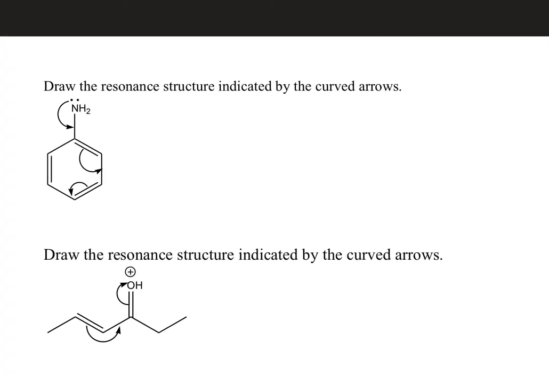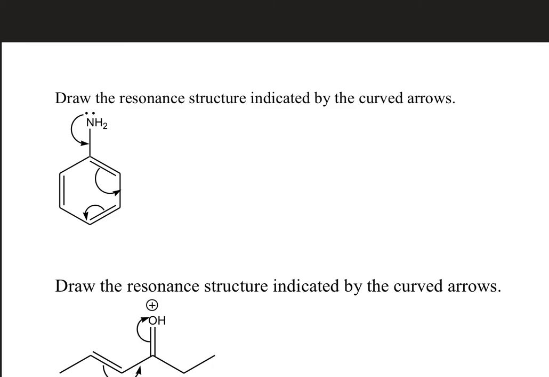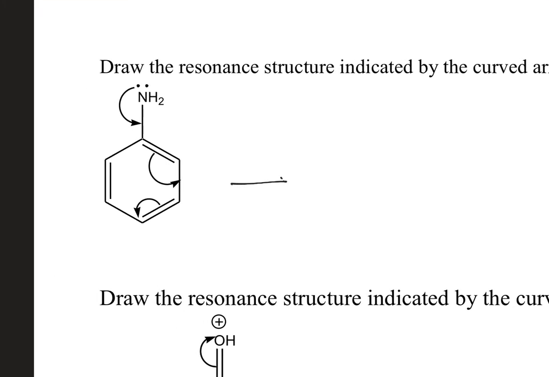All right, next slide. Draw the resonance structure indicated by the curved arrows. All right, so first make a double-headed arrow indicating resonance. Draw a benzene ring. Since the lone pair on that nitrogen is going down, it's going to create a double bond here. This nitrogen is bonded to 2 hydrogens.